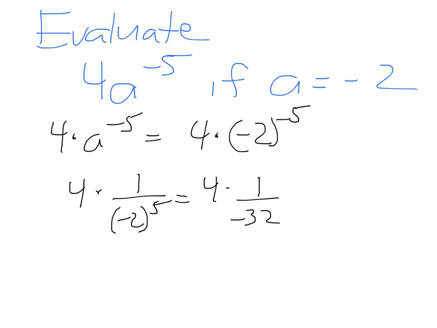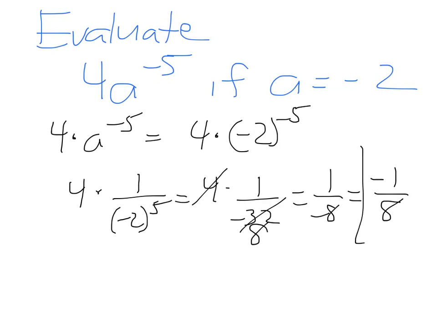Dang you, PEMDAS. And then the 4 goes into the negative 32 8 times, and you get 1 over negative 8, but I like that negative sign to float up to the top to give me negative 1/8. And so that is the answer. So the answer is negative 1/8.